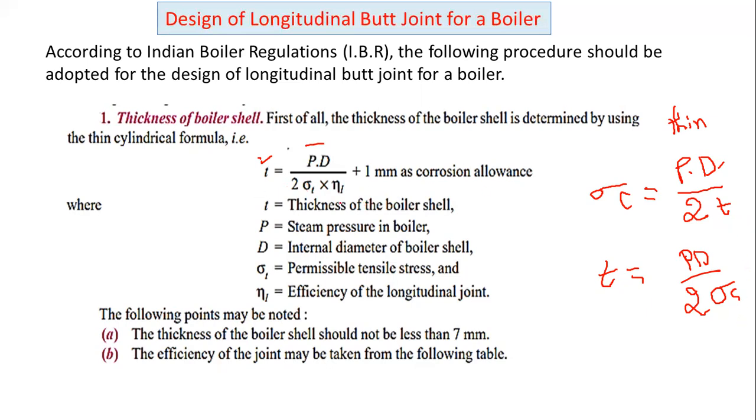And here this is the joint efficiency, zeta L, the longitudinal joint efficiency. Plus you have to consider corrosion allowance, that is 1 mm for corrosion.